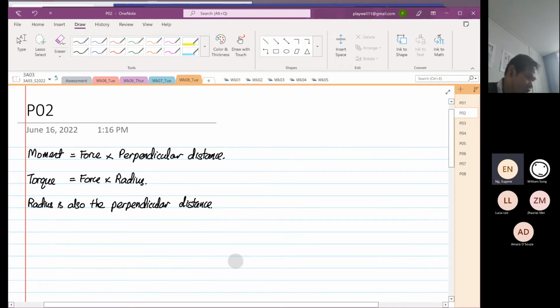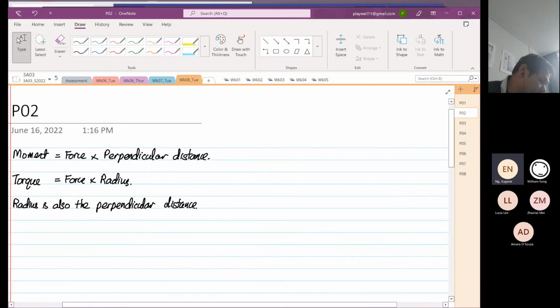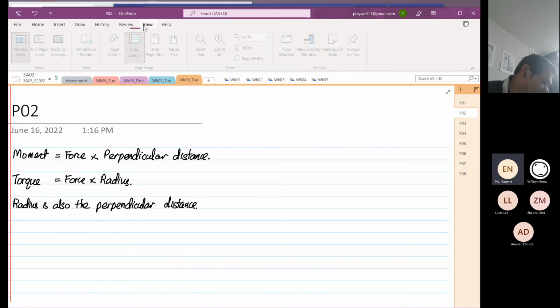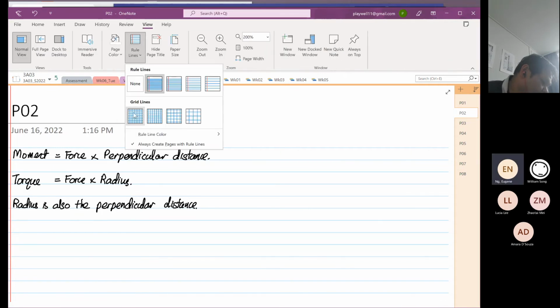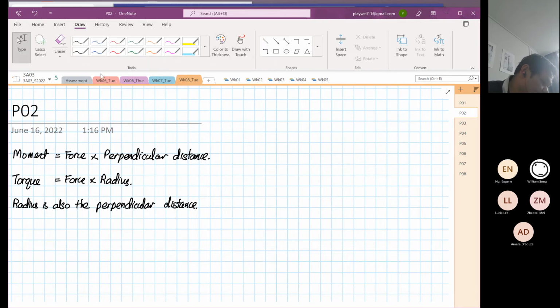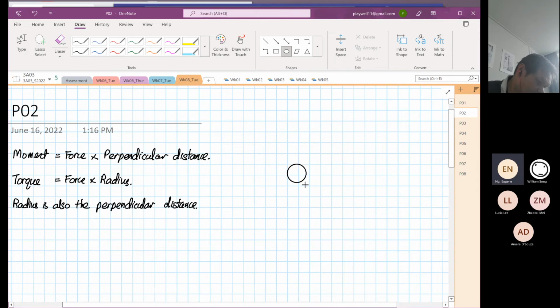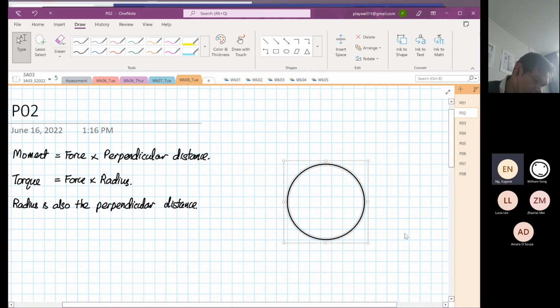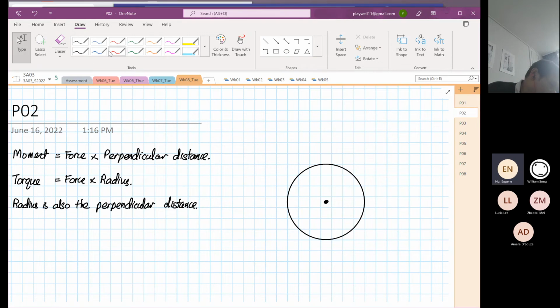I'll quickly sketch an example. So now if we have a shaft from the front view, this is the center, right? And then over here, this is our applied force.